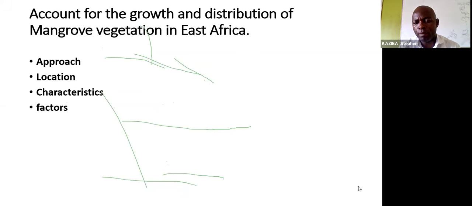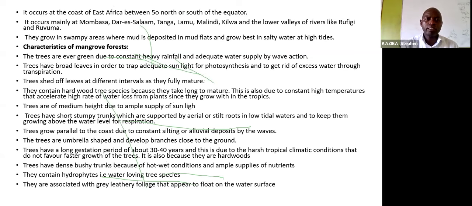The mangrove vegetation is found along the coast of East Africa, and that's what we write. It occurs at the coast of East Africa between 5 degrees north and south of the equator.